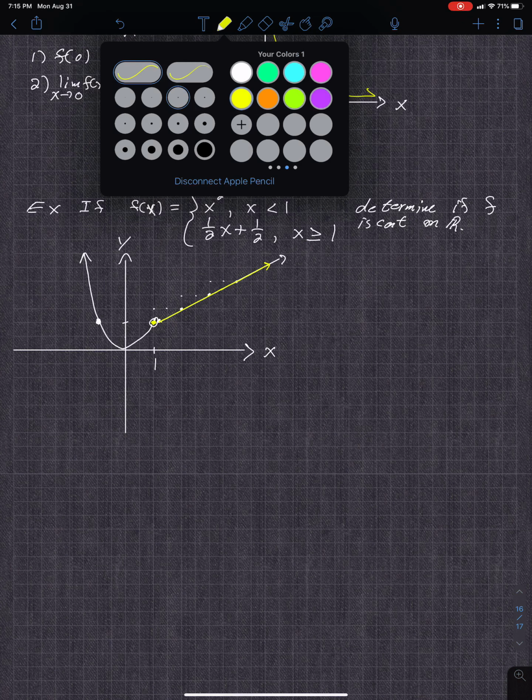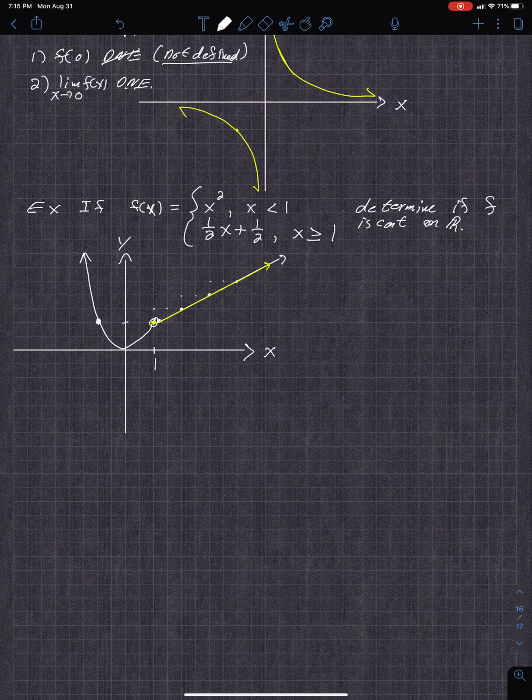So does it meet all the criteria? And the most important one is the limit of f of x as x approaches 1 equal to f of 1. So basically, as you approach x squared at 1, 1 squared is 1? Answer is yes. And then what's the function value? Well, when you plug in 1, you get a half plus a half is 1.